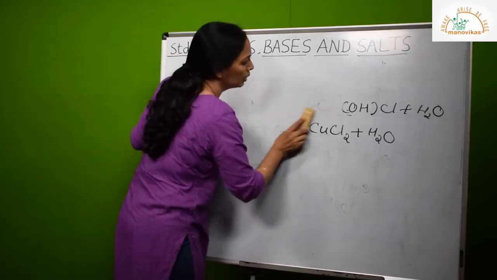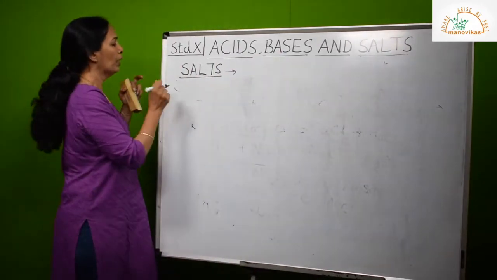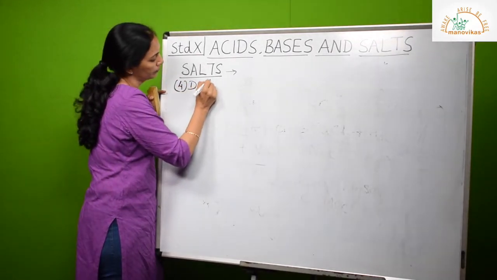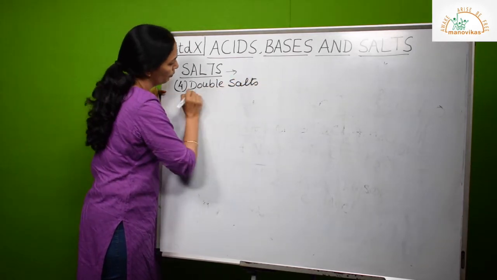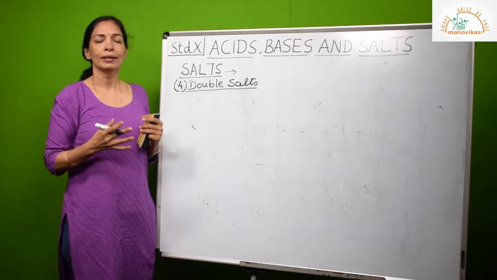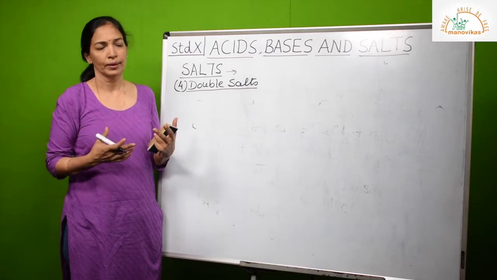After basic salt, you have double salts. Okay. So the fourth one is double salt. What are double salts? Double salts are formed by crystallization of a mixture of saturated solutions of two salts. Okay.